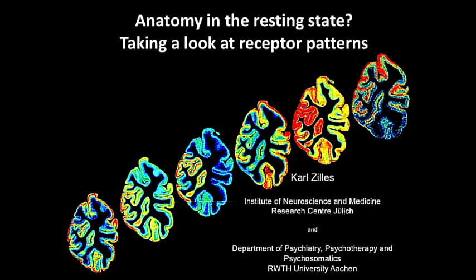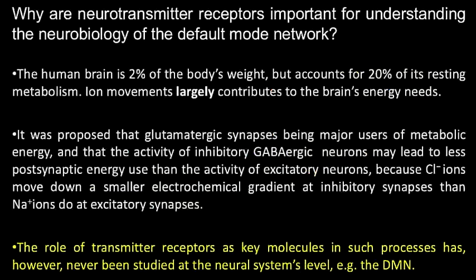So, next slide. Oh, yeah, I can write here. My question is, why are neurotransmitter receptors important for understanding the neurobiology of the default mode? I think the default mode network is one of the exciting concepts in recent neuroimaging.